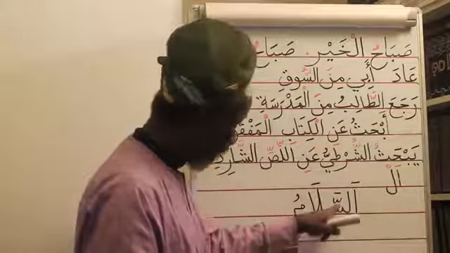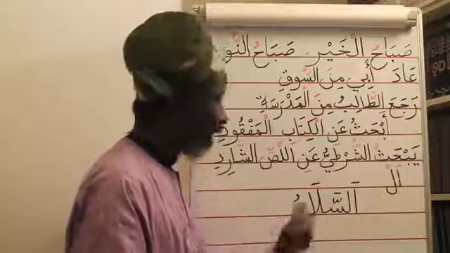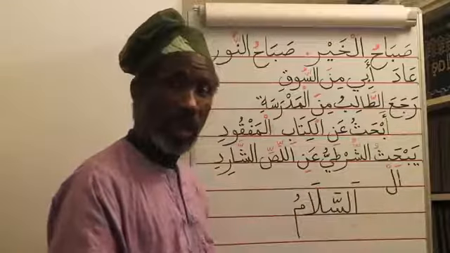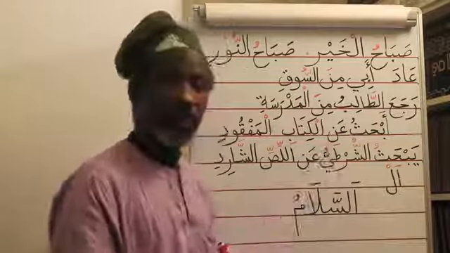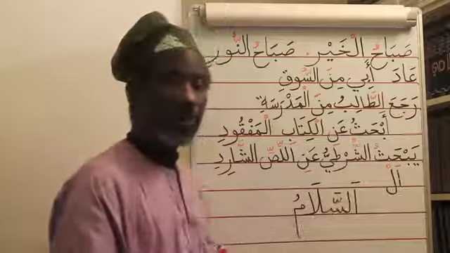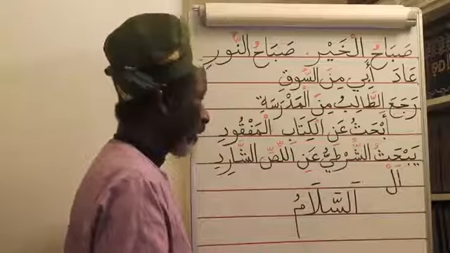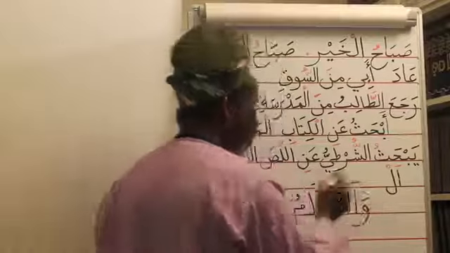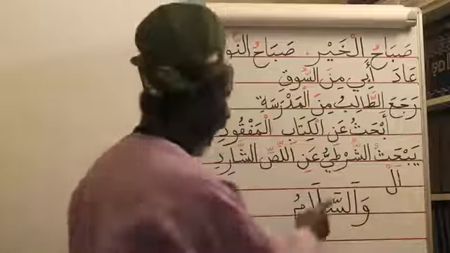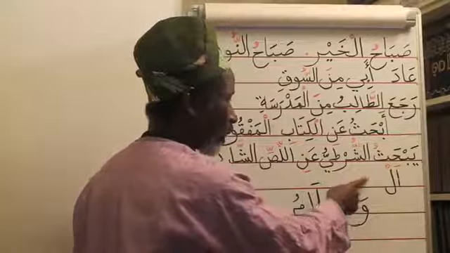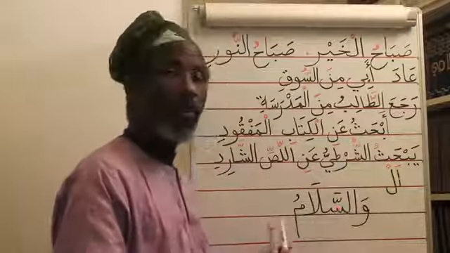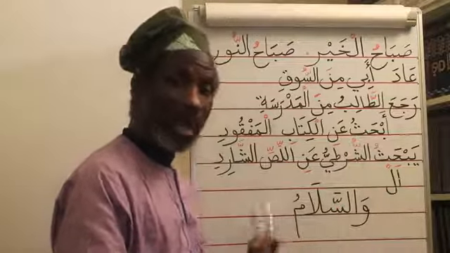That's why it's carrying the shadda after L. And that's why the sukun of lam has been removed. So, assalamu. What about if I say wa and the peace? The alif also becomes silent. You say wassalamu, not wa assalamu.